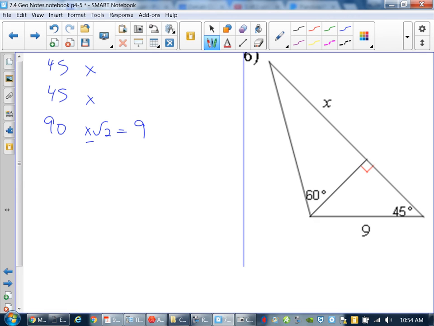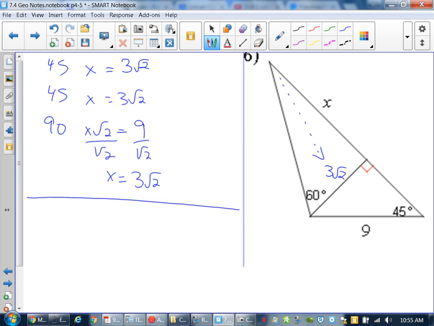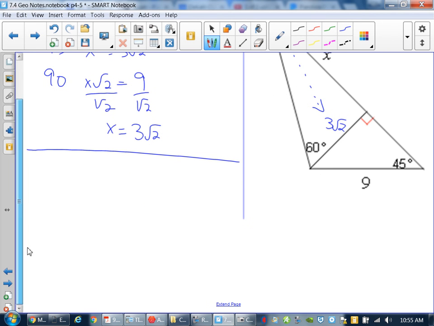So you divide both sides by root 2. That gives you the value of x. That gives you your common multiplier. Which therefore means opposite both 45s is that 3 root 2. Okay? Which means in the diagram, this becomes a 3 root 2. Which is now opposite a what angle? It's opposite now a 30. So 30, exactly.